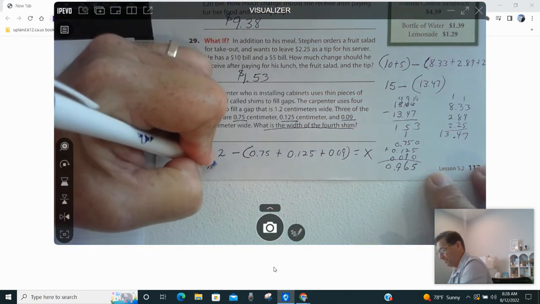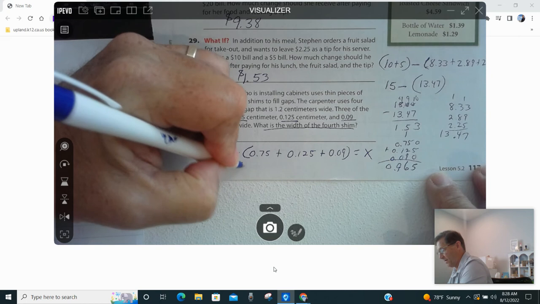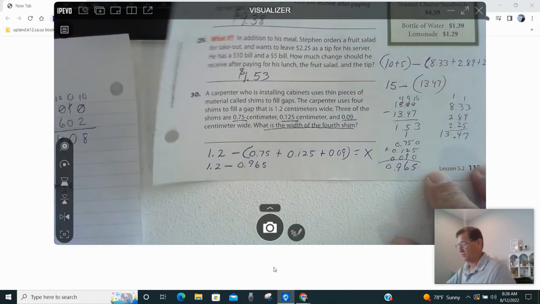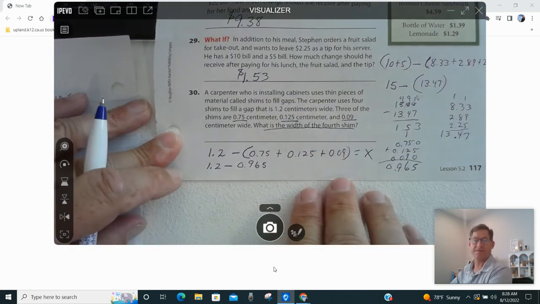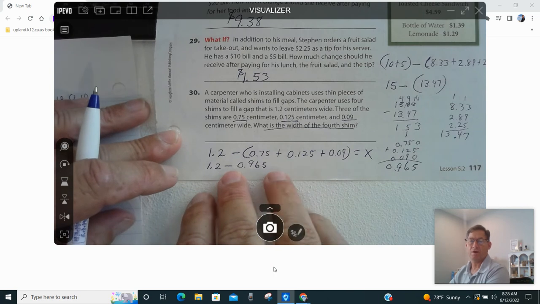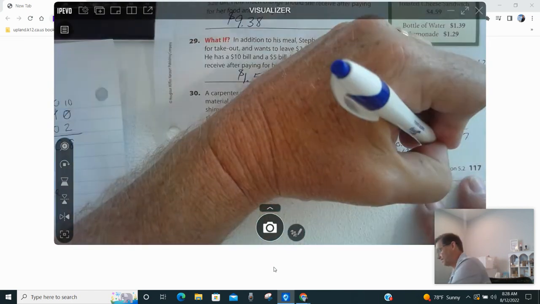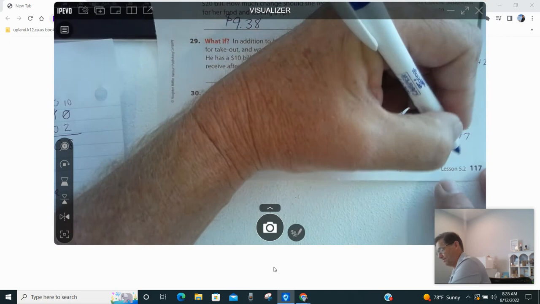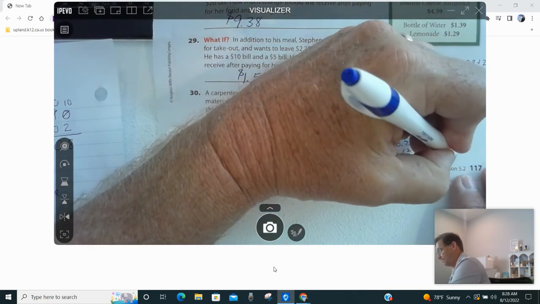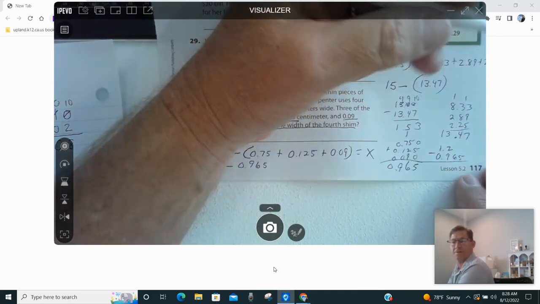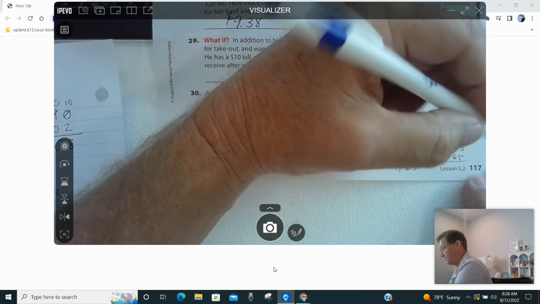So far, the three shims are 965 thousandths. And we're going to take that from 1 and 2 tenths. Okay, put 2 placeholder zeros.